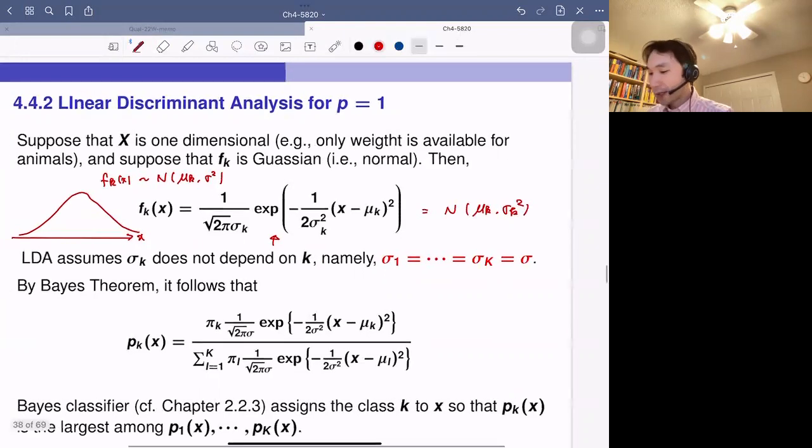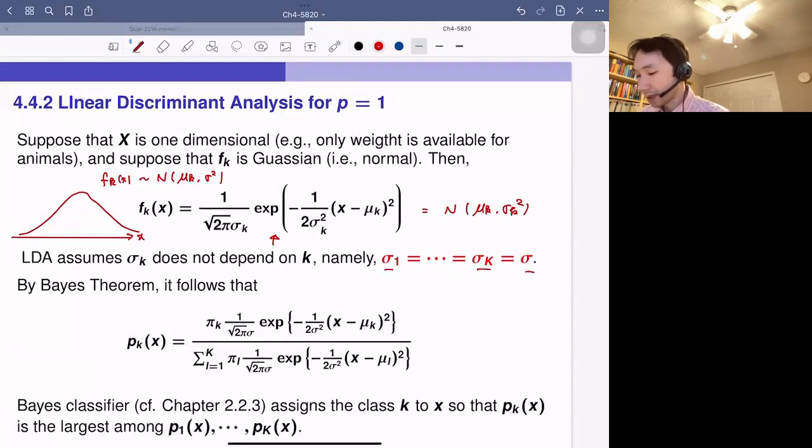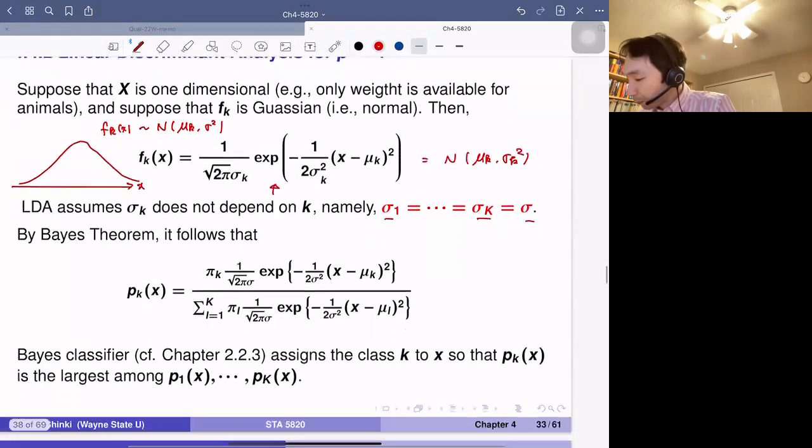And LDA assumes that sigma_k does not depend on k. So sigma_1 through sigma_K are all equal to sigma. That is basically for simplicity, but it also has practical reasons.